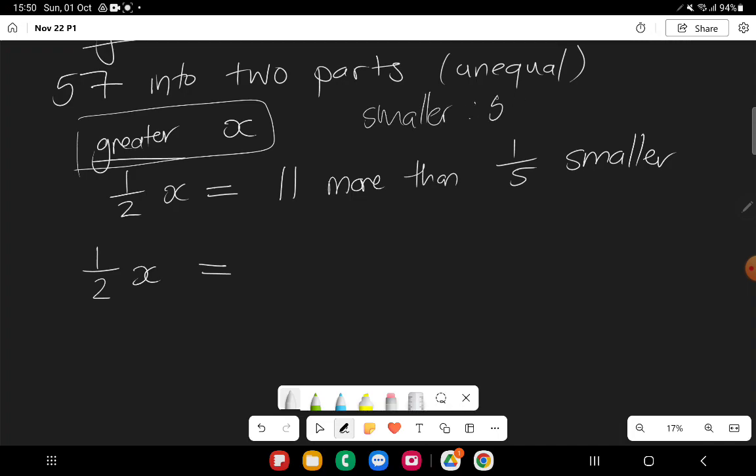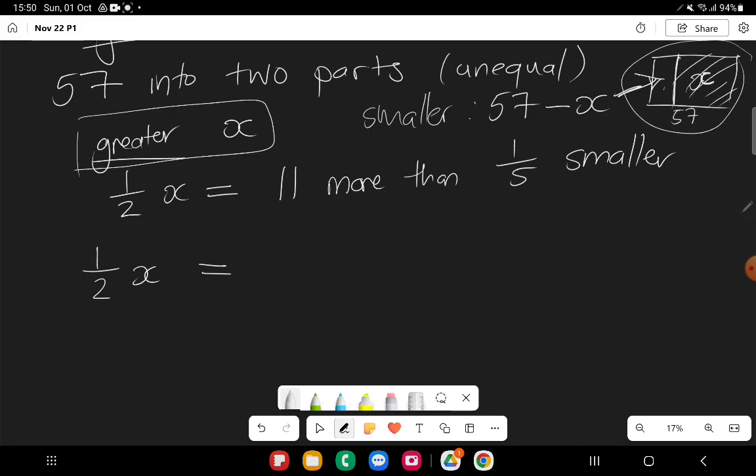It must be 57, which is the whole number, take away x, right? So if I have a slab of chocolate and I break it into two pieces, if this is x and all of it is 57, then this part is literally 57 minus x. Do you agree with me? The whole part, take away one piece, gives me the unknown part, 57 minus x.